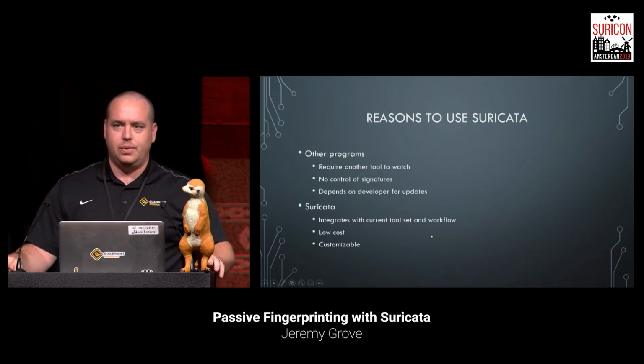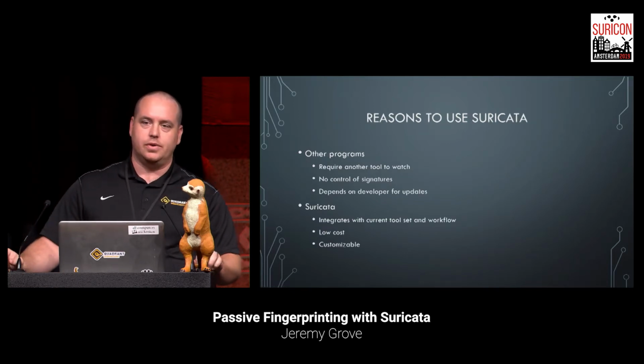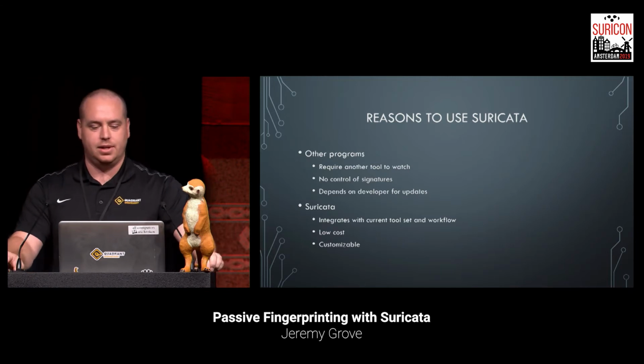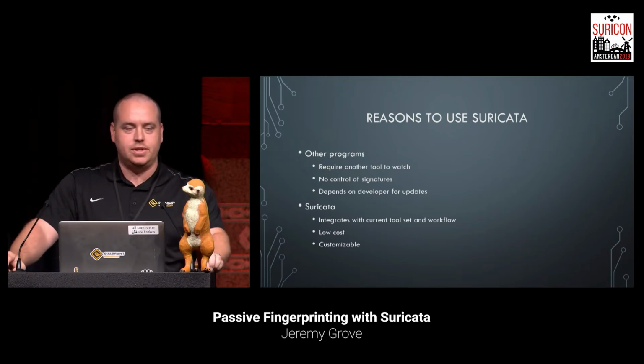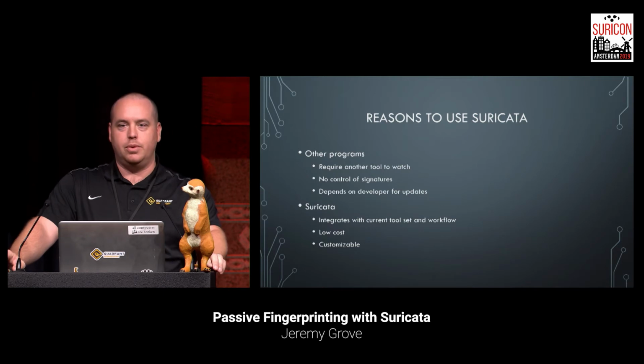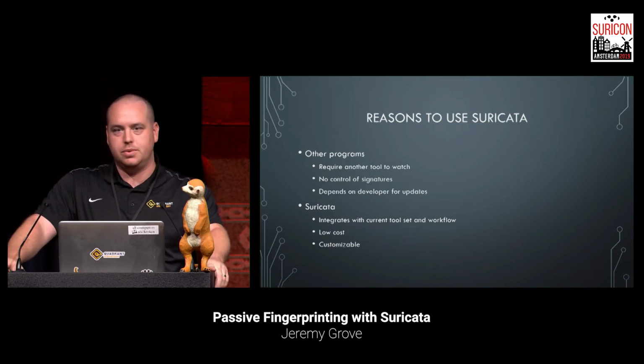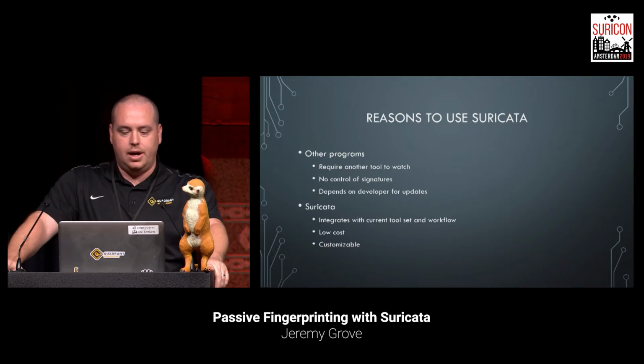One of the reasons that we decided to use Suricata over other programs is a couple of selfish reasons. We don't like bringing in new tools if we don't have to. And obviously other programs require other tools, other people to maintain them, other things to look after, which doesn't always work out. We don't always have control of signatures.